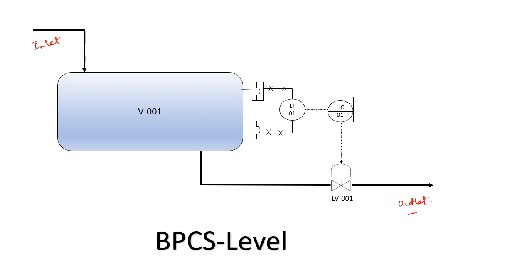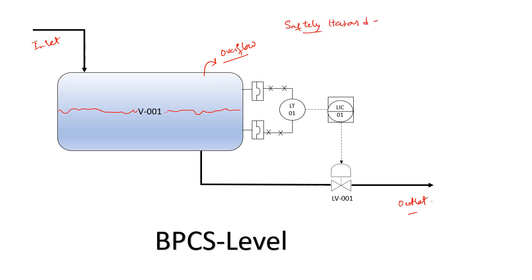And our primary goal is to maintain the level of the vessel, right? Because if there is a high level, there is a chance of overflow from the vessel. So if there is overflow and if the liquid is hydrocarbon or any toxic material, then it is basically a safety hazard, right? It is a safety hazard.